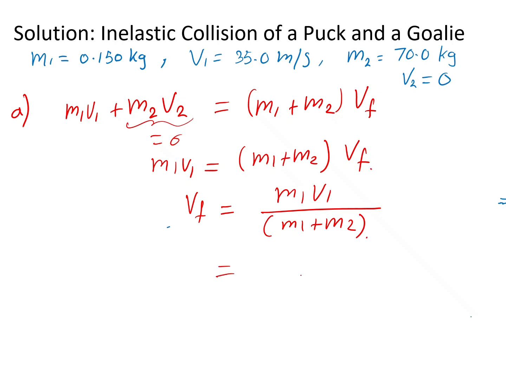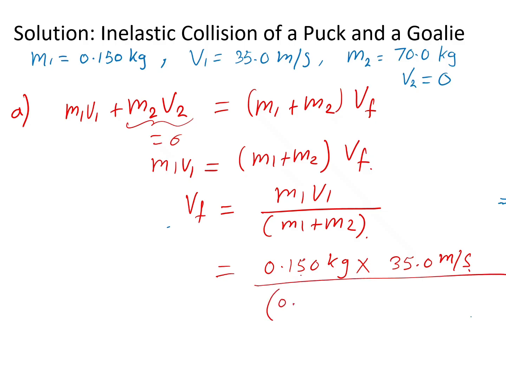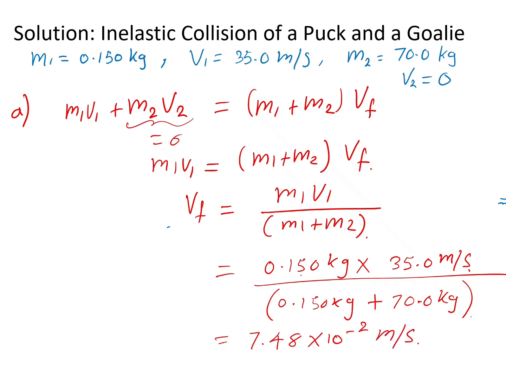So m1 is 0.15 kilograms times v1 is 35 meters per second, divided by m1 plus m2, 0.15 kilograms plus 70 kilograms, and we get the final answer 7.48 times 10 to the power minus 2 meters per second.